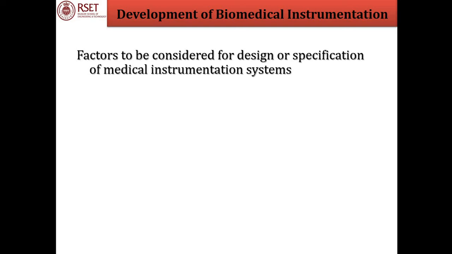Now let us see what is the difference between an ordinary instrumentation system and a biomedical instrumentation system. To understand that, let us see what are the factors to be considered for the design or the specification of the medical instrumentation system.